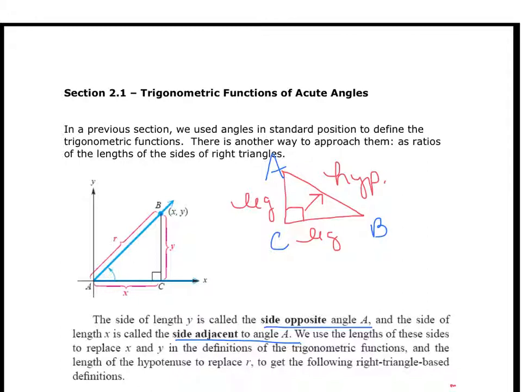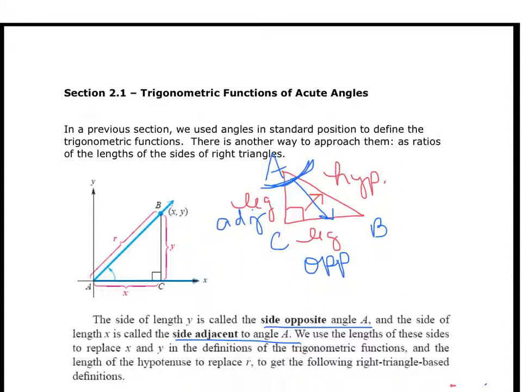So we're going to look at this a little bit more. So angle A, if you go directly across and look at this leg, it is called the opposite. And then the leg adjacent to angle A is called the adjacent. We do that to help you identify some different things.